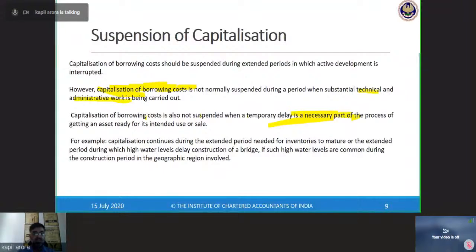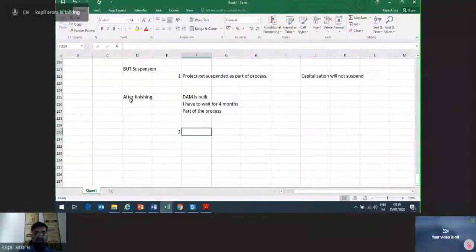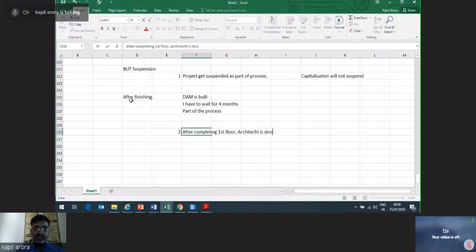For example, after completing first floor, the architect is designing the next floor map.